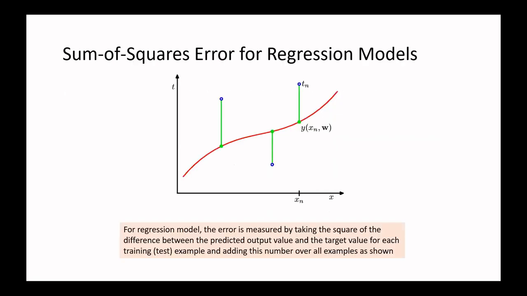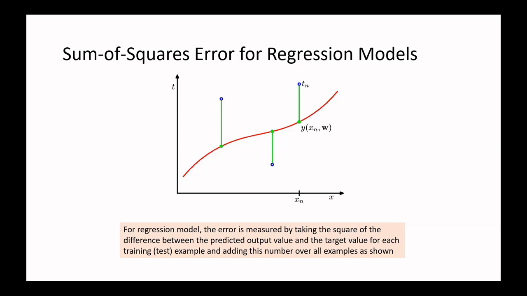Now, so far I mentioned errors, etc. about classification models. Before we move on, just very quickly, in 1 or 2 slides, I want to mention how you measure error in the case of regression. In regression, basically, you're trying to fit some kind of curve. So I can measure the regression error as a sum of squares error. I have a collection of training examples and I have fitted a model, in this case a line or a curve or surface.